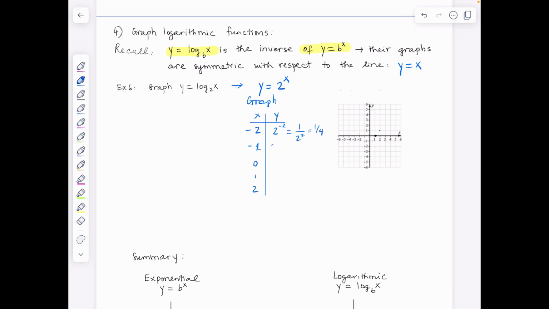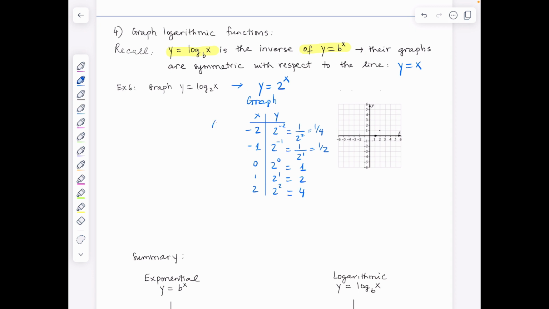X is equal to negative 1. 2 to the negative 1 is the same as 1 over 2 to the first power, which is 1/2. X is equal to 0. 2 to the 0 is equal to 1. X is equal to 1. 2 to the first power is 2. And x is equal to 2. 2 squared gives you 4.